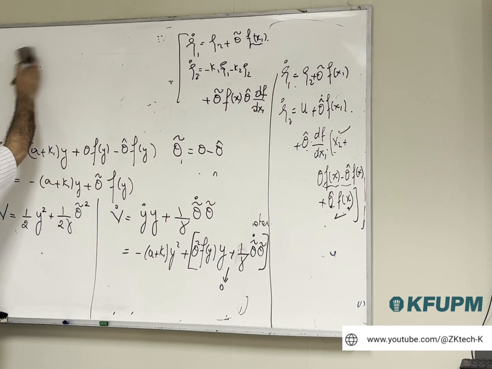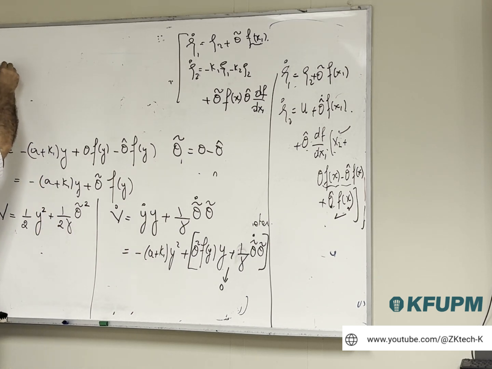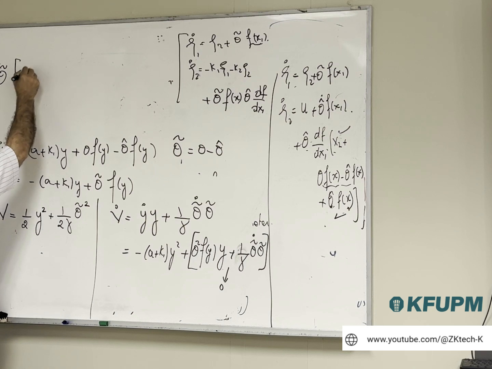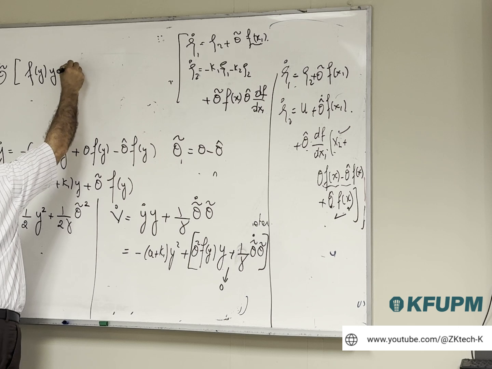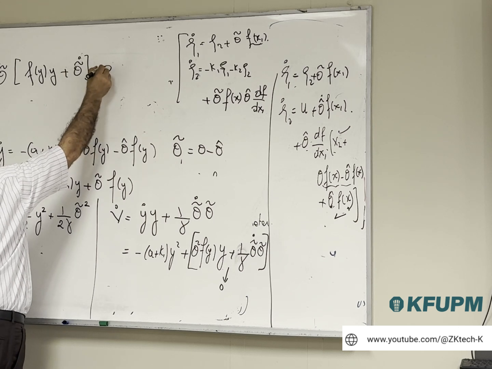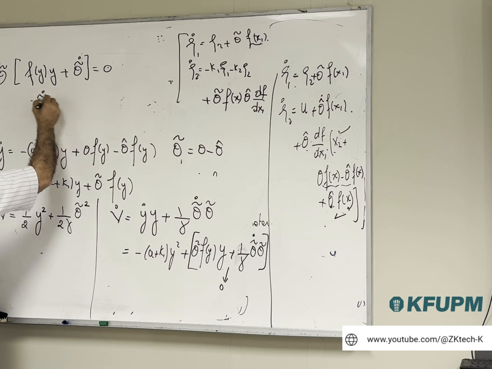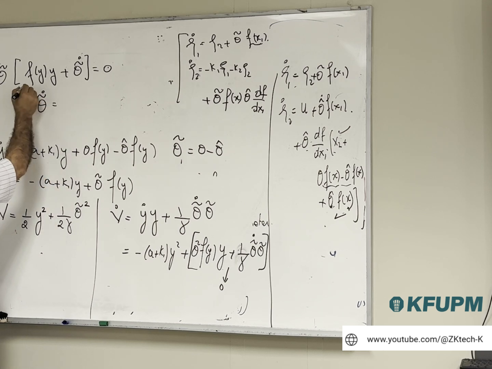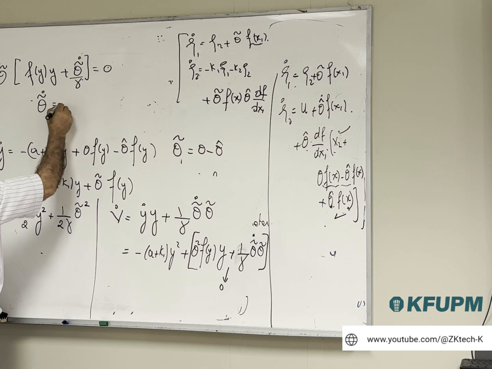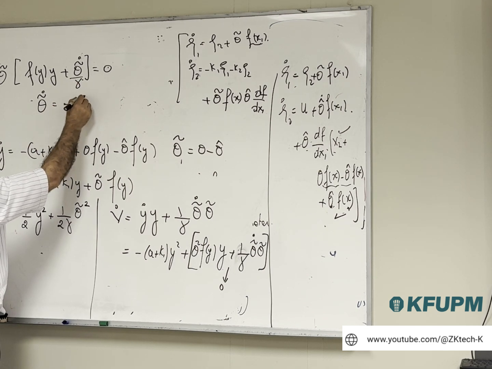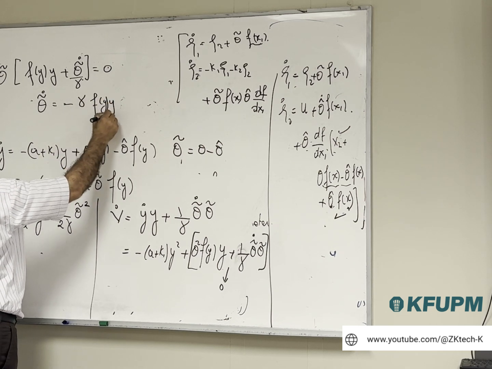So making this term equal to 0 means we have theta tilde multiplied by f of y multiplied by y plus theta tilde prime equal to 0. So theta tilde prime will be equal to, there's gamma here somewhere, so this one is multiplied by gamma, minus gamma multiplied by f of y multiplied by y.